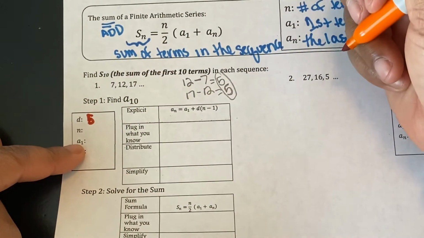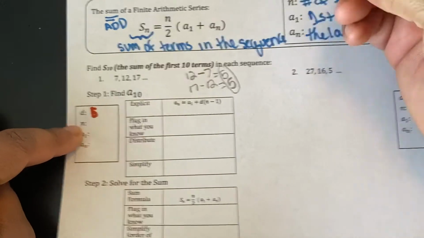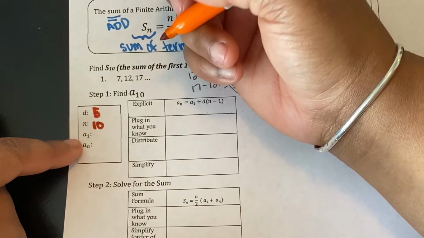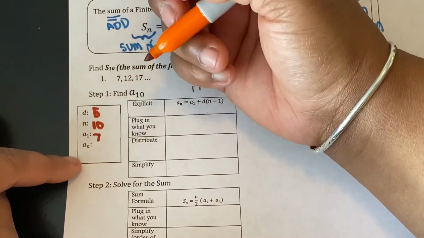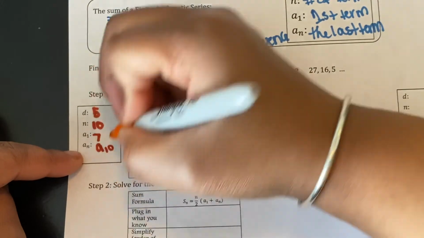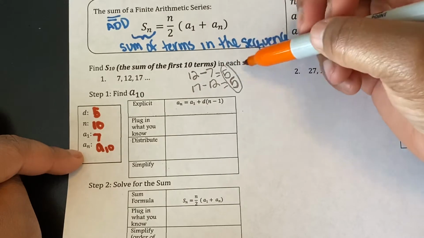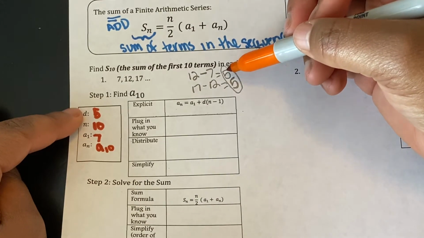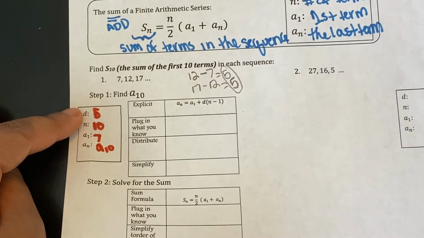We're trying to find the 10th term here. Our A sub 1 is clearly 7, and we're looking for A sub 10. The only thing I had to do so far is find my common difference, and all you need to do is do your test.